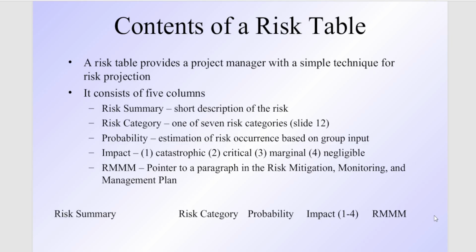Then the probability of each risk, then the impact, whether catastrophic, critical, marginal, or negligible, and if we have a contingency plan, it will mention the contingency plan as well. So this is the complete risk table that tells you about the number of risks in a project.